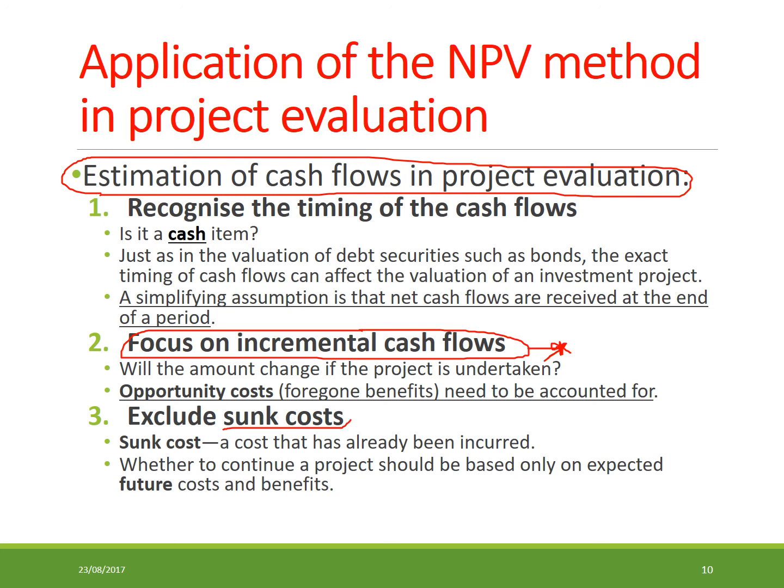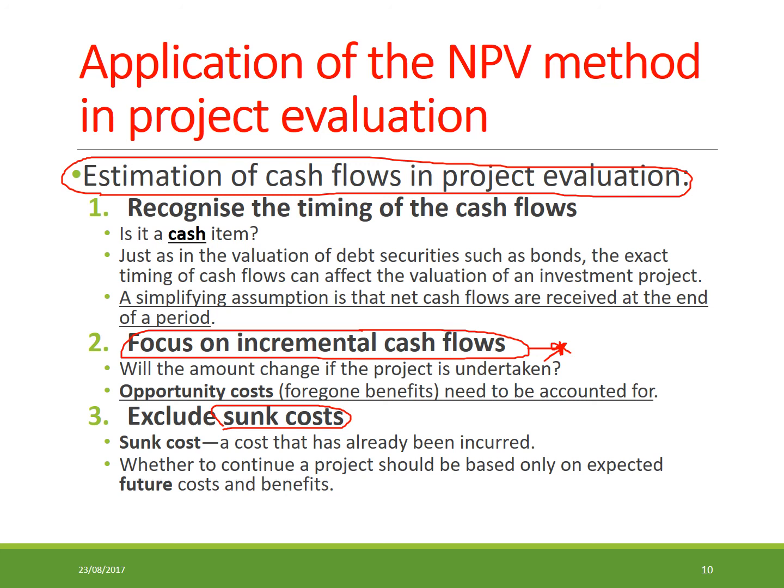Sunk costs. Sunk costs are costs that have already been incurred, or costs that would be expensed anyway, regardless of which project we choose. So for example, before I can choose a certain project, I have to hire a consultant who does market research and gives me a list of possible projects that I can choose.